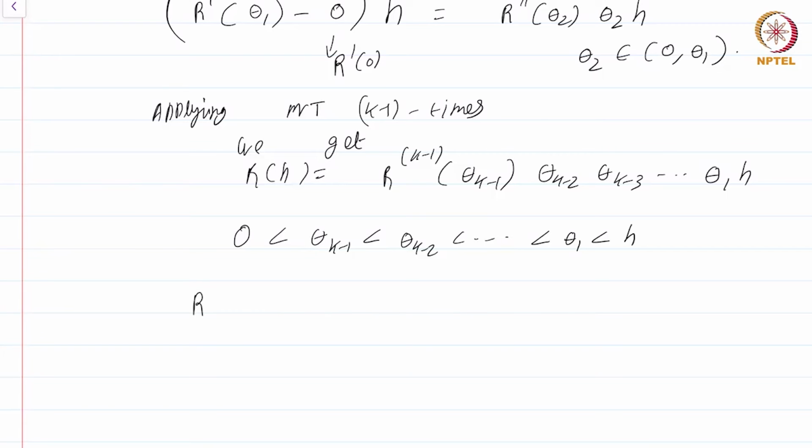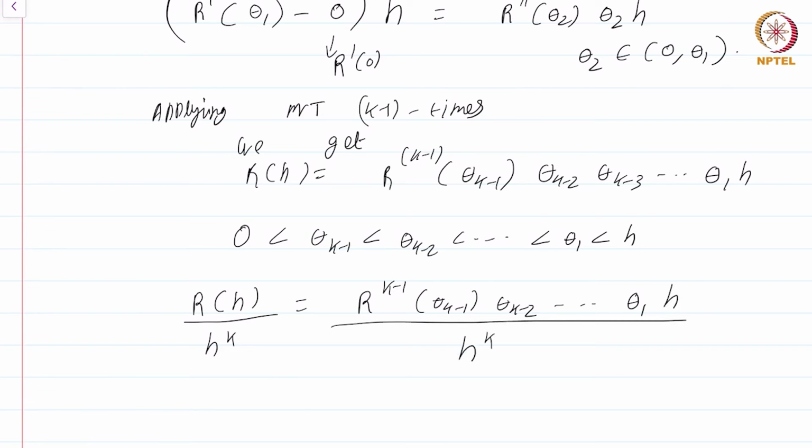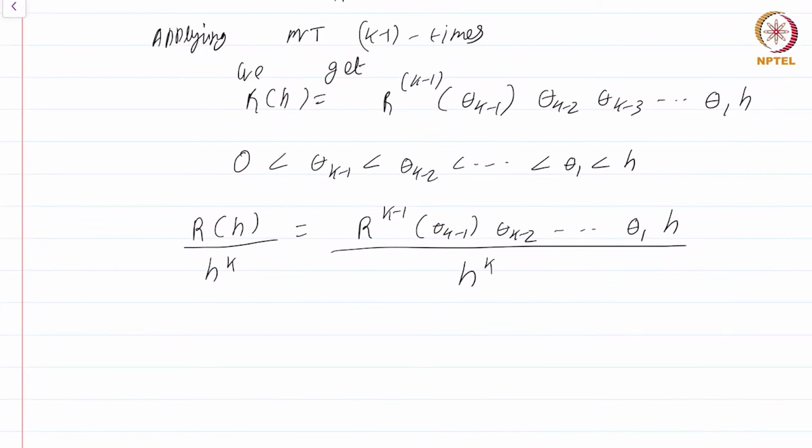Now the quantity we are interested in is R of h by h^k. Okay, and this just turns out to be R^(k-1) of theta_(k-1) times theta_(k-2), ..., theta_1 times h, by h^k. Now how are we going to simplify this? Well, observe that these theta_(k-1), theta_(k-2) are all less than h.